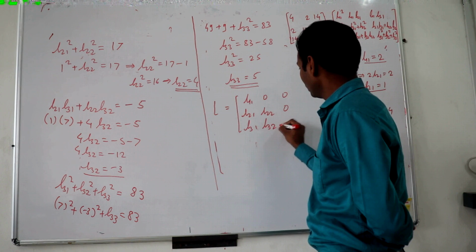Now you know the matrix multiplication. Now 2 into Z1 becomes 2Z1. Next 0 into Z2, 0 into Z3, 0. That is 2Z1 is equal to 40, that is Z1 is equal to 20. Then next equation: 1 into Z1 plus 4 into Z2 and 0 into Z3 becomes 0, is equal to minus 101.